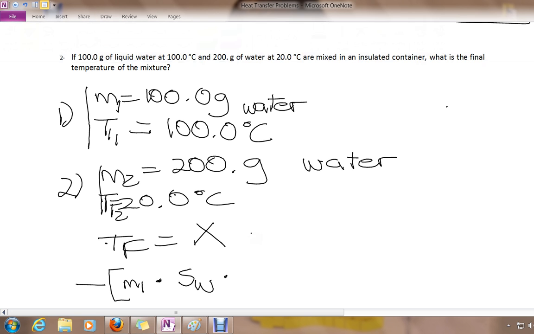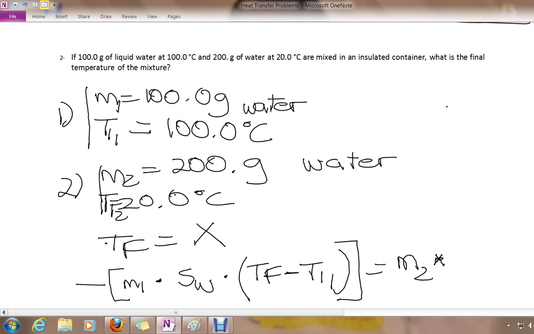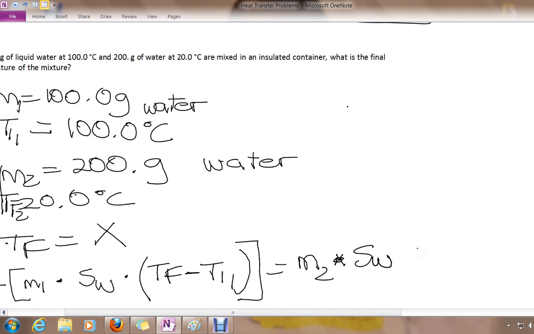So X, which is our final temperature, minus the initial temperature of system 1, equals the mass of water of the second system, because both are water, multiplied by the specific heat of water, multiplied by the final temperature minus the initial temperature of system 2.